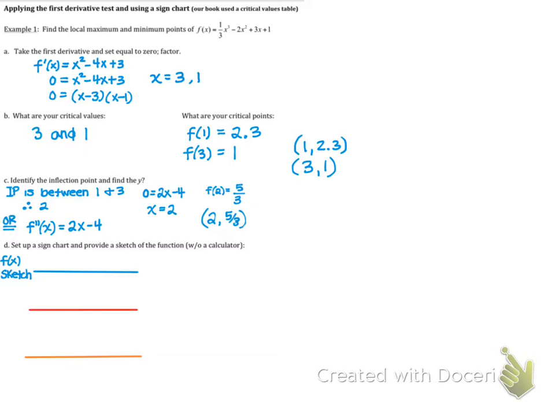Now this first one up at the top is always going to be just a rough sketch of f of x. It's just going to show you the shape and where there's a min and max, but not the exact point. We're going to do that after we finish this whole thing. So this is just a rough sketch.